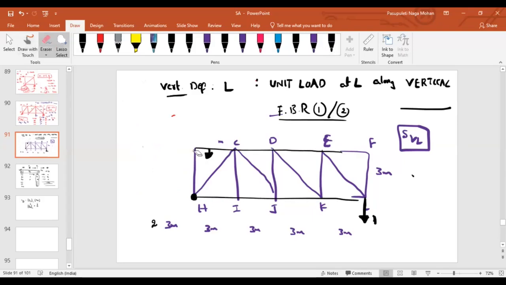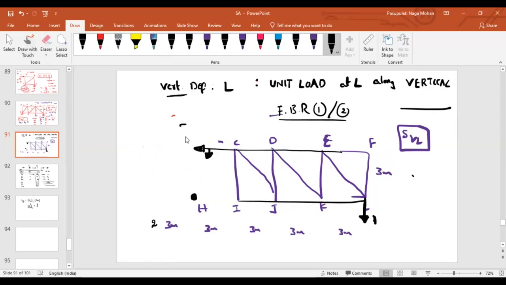Okay, fine, then let me remove this too. This is my force in member BC, this is the force in member CH, and this is the force in the other member. If I take moment at this point, 1 clockwise, 1, 2, 3, 4: 4 times 3 is 12. Clockwise is positive.